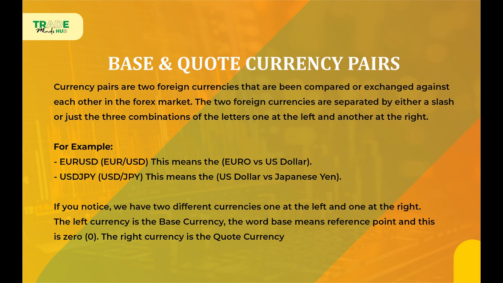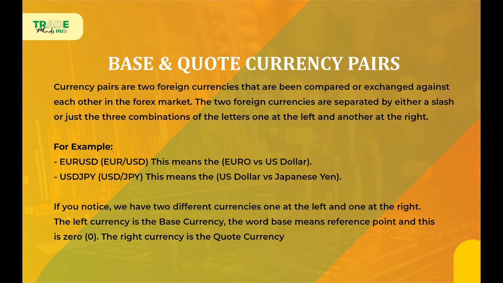So these 8 currencies that we focus on, they do business among themselves. If, for instance, the United States is doing business with Australia, take note that the currencies are all part of it. The United States is a country, Australia is a country.